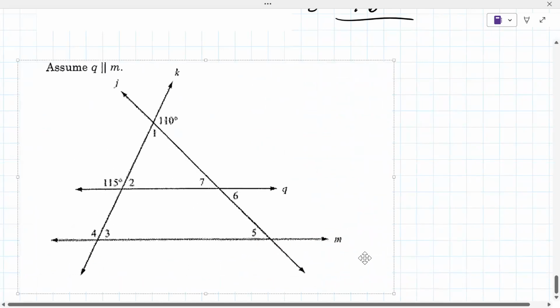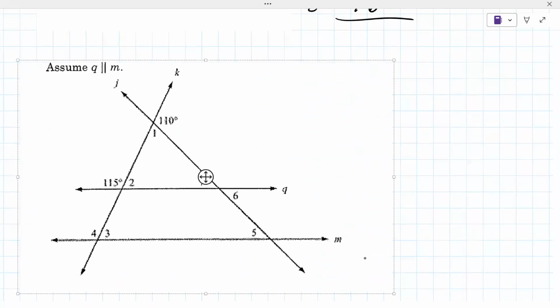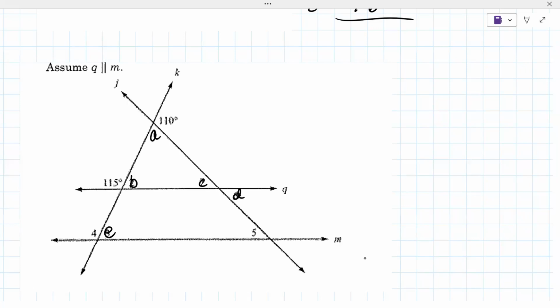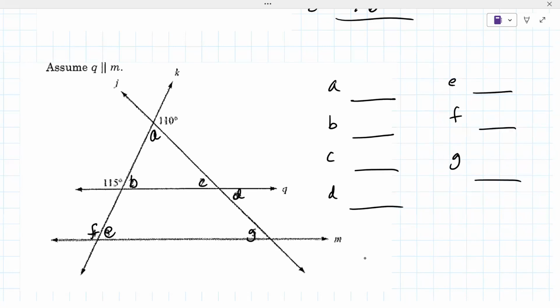I want you to find, and I prefer letters, A, B, C. These aren't necessarily in the order you should find them in, but they're kind of in order. Oh, and these are parallel.